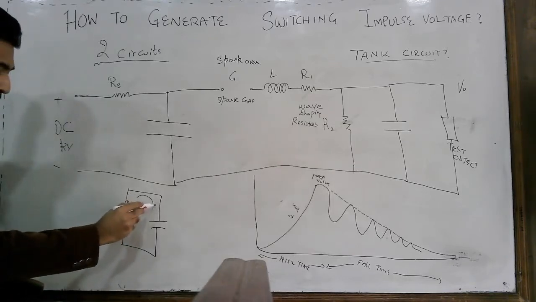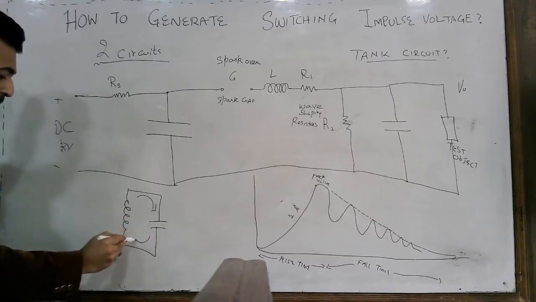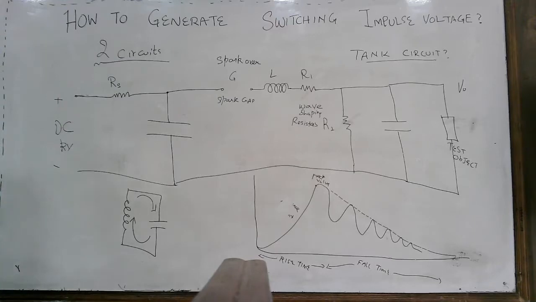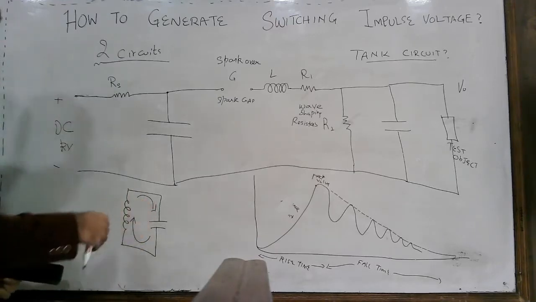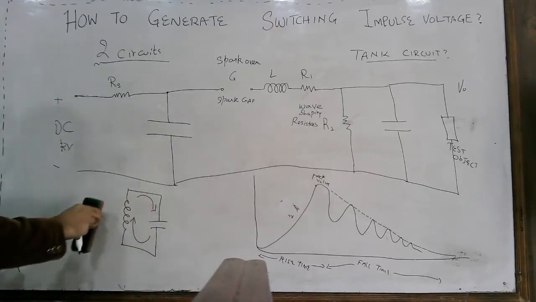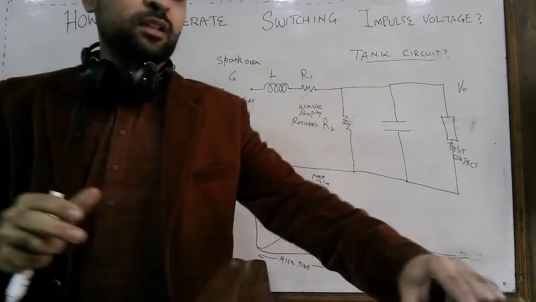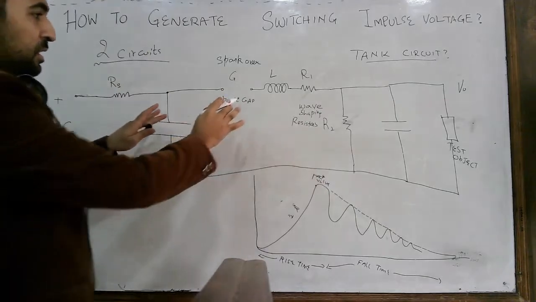The energy flows from inductor to capacitor and from capacitor to inductor when they are resonating. So the energy keeps on flowing between these two ideally. So what have we done here? We have added an inductor here. So here things are in series.